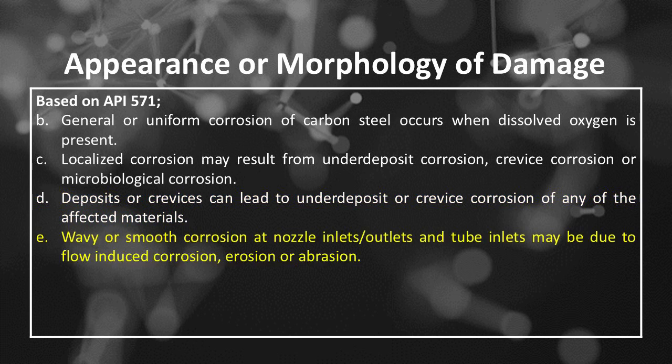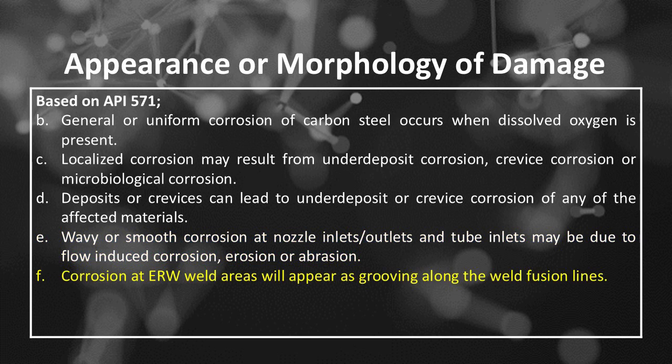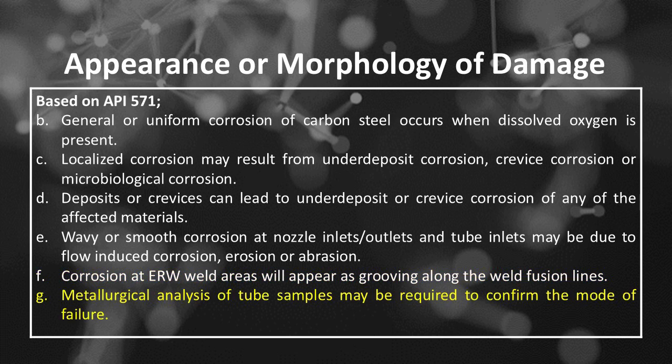Number E, wavy or smooth corrosion at nozzle inlets or outlets and tube inlets may be due to flow-induced corrosion, erosion or abrasion. Number F, corrosion at ERW weld areas will appear as grooving along the weld fusion lines. Number G, metallurgical analysis of tube samples may be required to confirm the mode of failure.